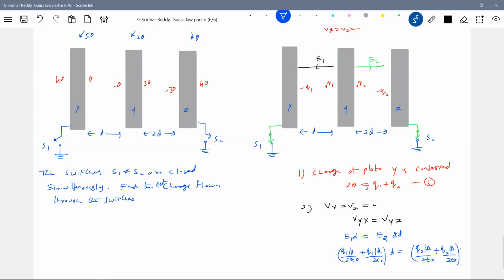What we have learned, we should apply here. Just now, previous class. Yeah, this E1 depends only on these facing charges, no? So still, if you're getting confusion, you can take help of this idea.